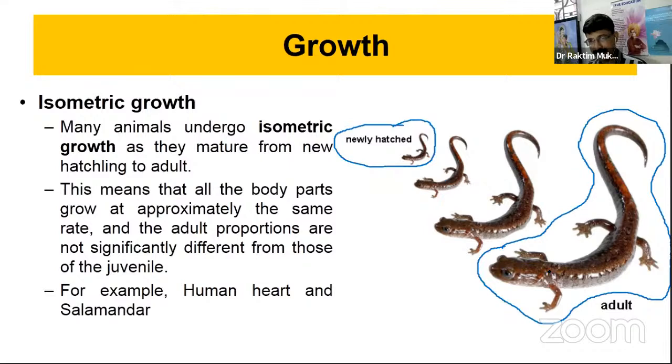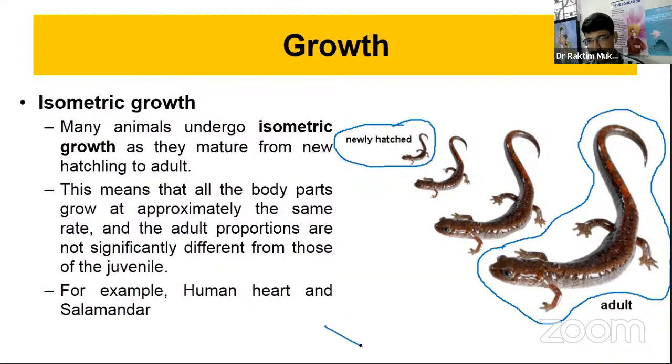It seems as if the adult animal is just an extended or zoomed version of the newly hatched one, or vice versa. The newly hatched organism is a miniature version of the adult. And how is it possible? It's a symmetrical growth of all the organs.